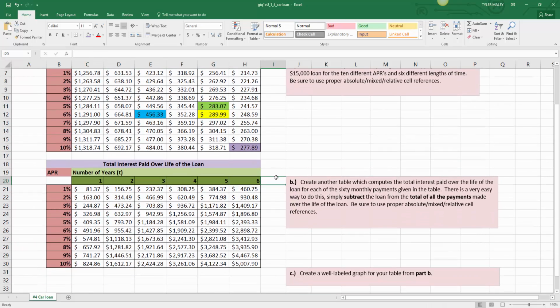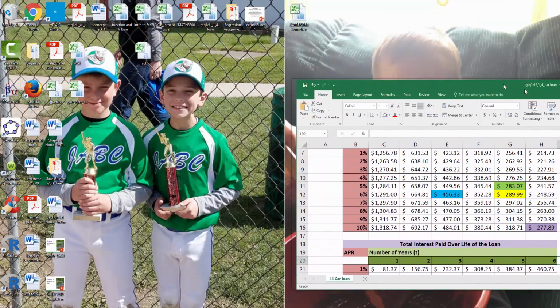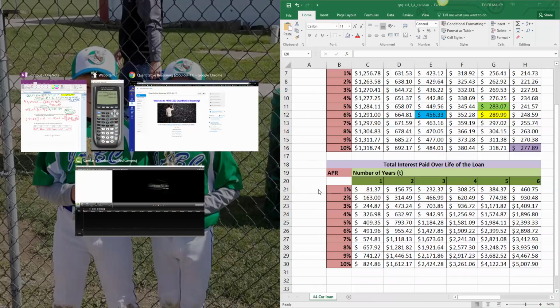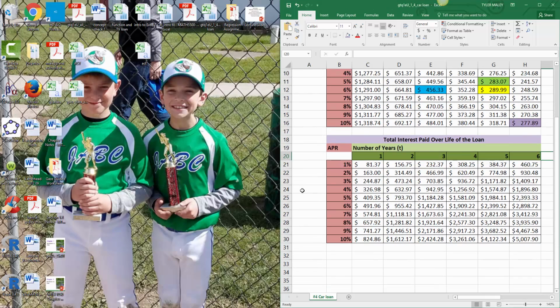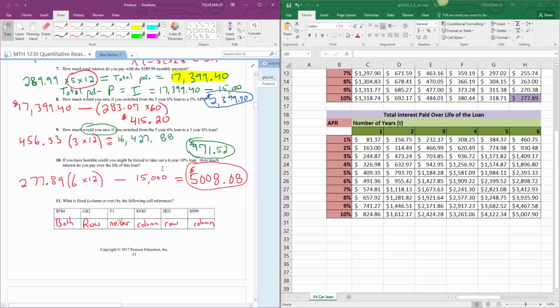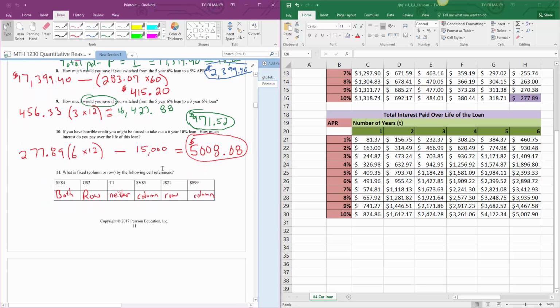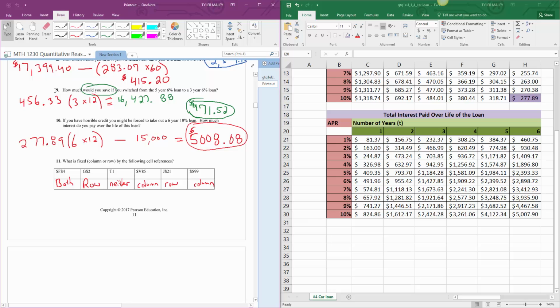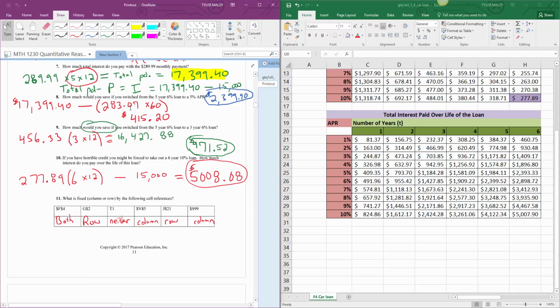Alright, so now what I can do is take this and compare with what we got before. So, number 8.